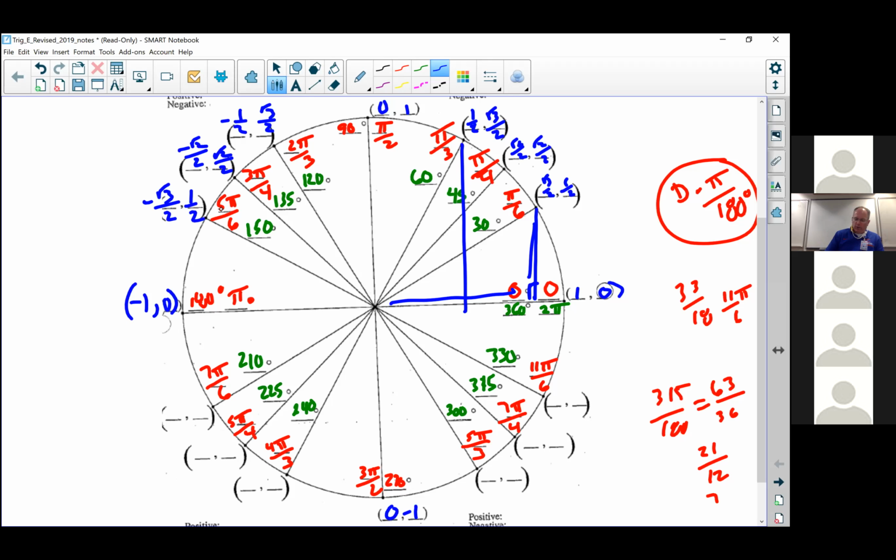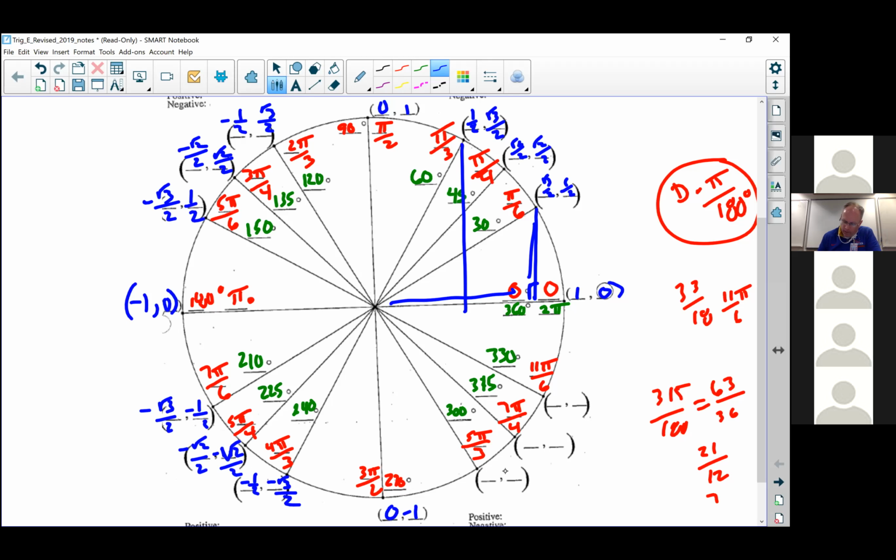And then this one, the 210, you have the longer side in the x position, so I get negative root 3 over 2, negative 1/2, negative root 2 over 2, negative root 2 over 2, negative root 2 over 2, and then I have negative 1/2, negative root 3 over 2.